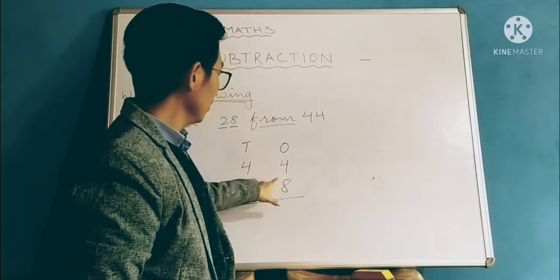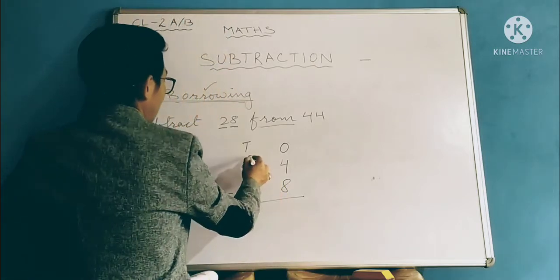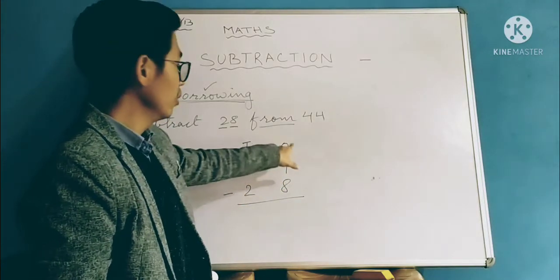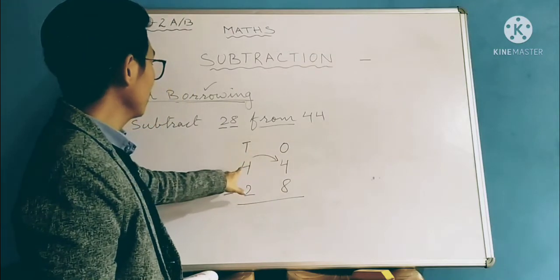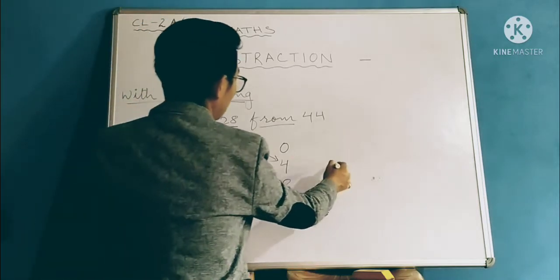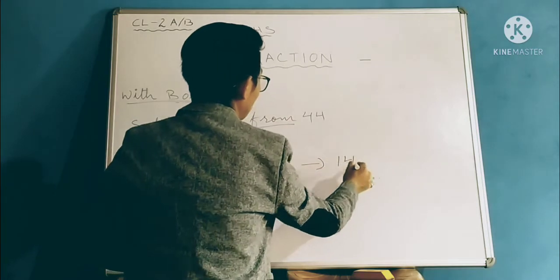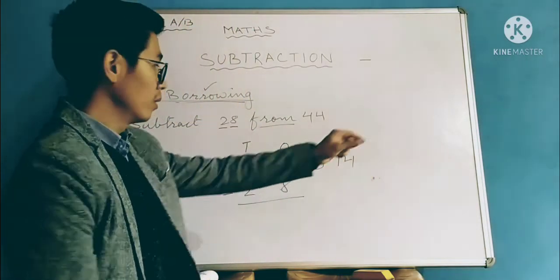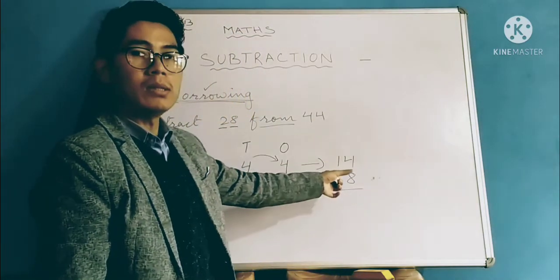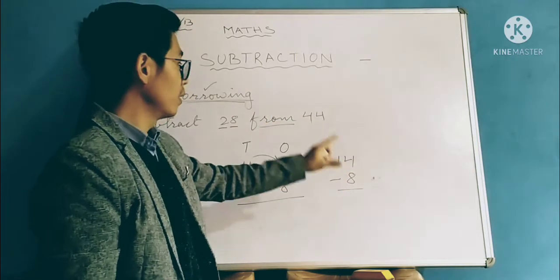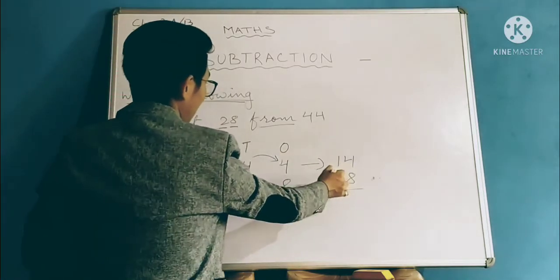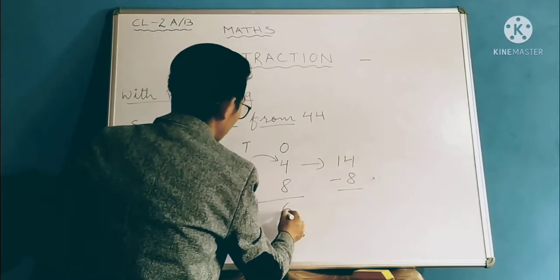So that's why you need to borrow one number from tens place to ones place. When you borrow, it will be 14, right? Now 14 minus 8 you can do. If you minus 14 minus 8, you will get 6.